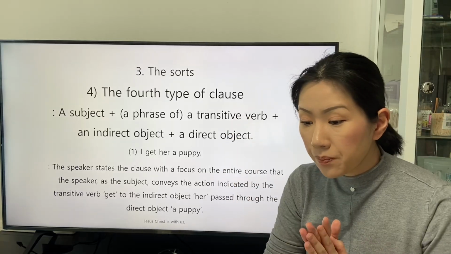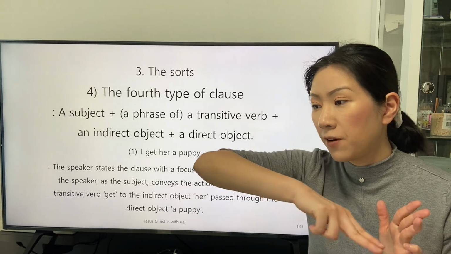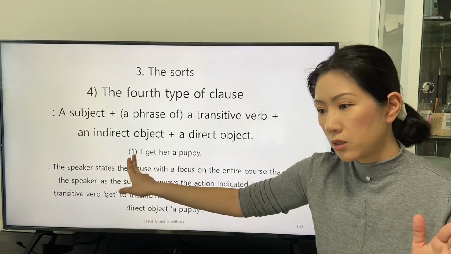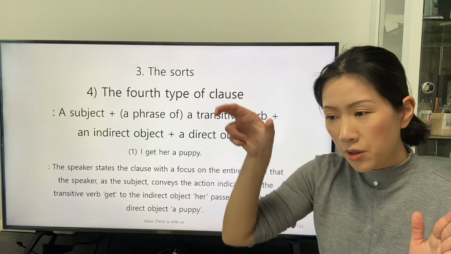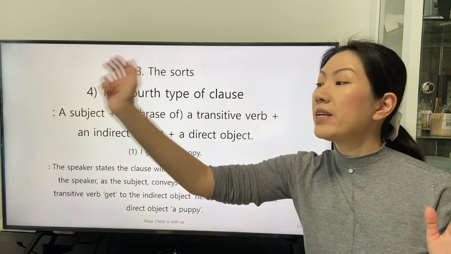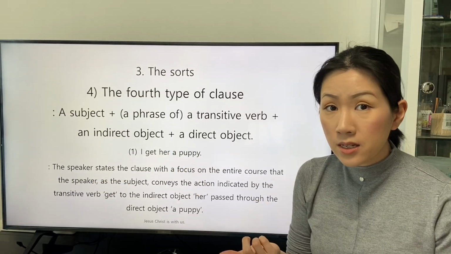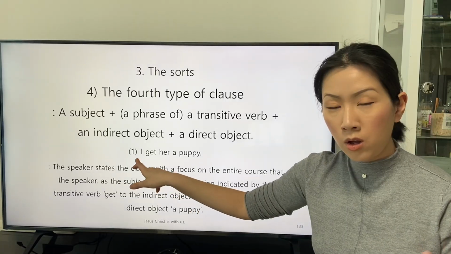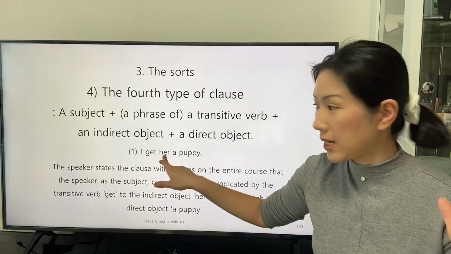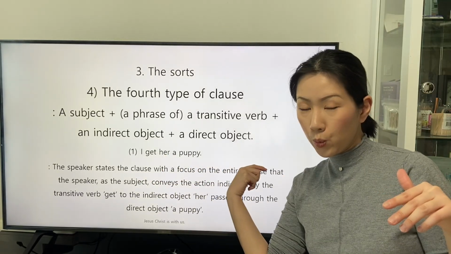When the speaker sets the range of the statement from the subject, the direct object, to the indirect object, the speaker can state the subject, the transitive verb, the indirect object, and the direct object in a row.